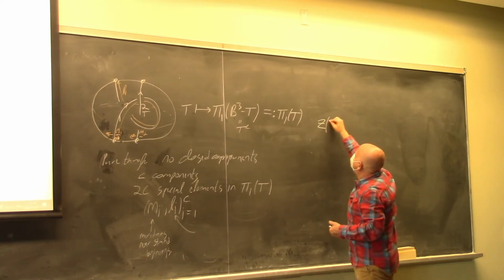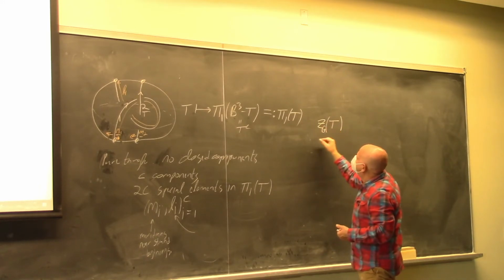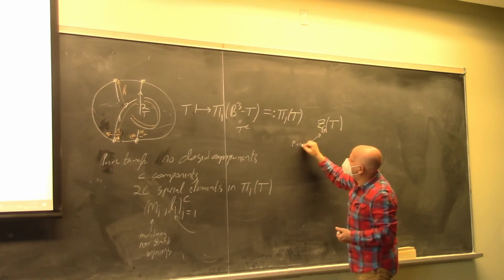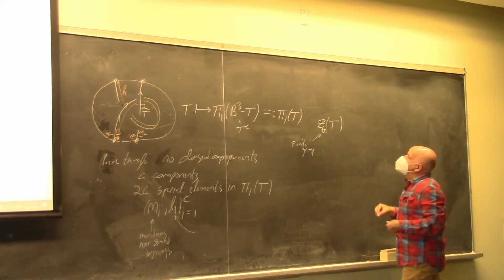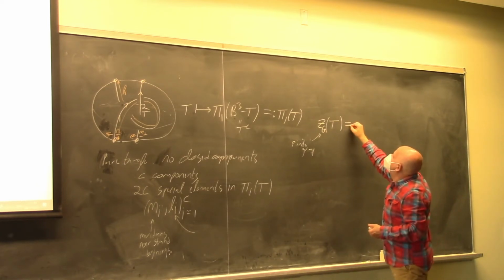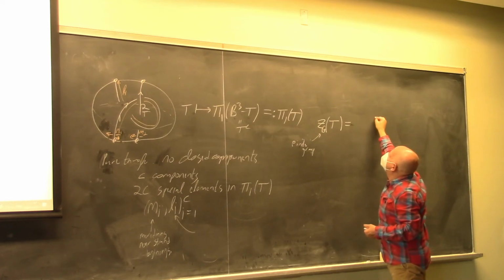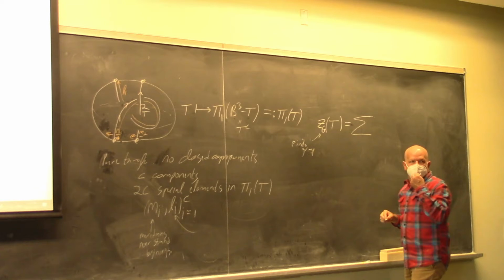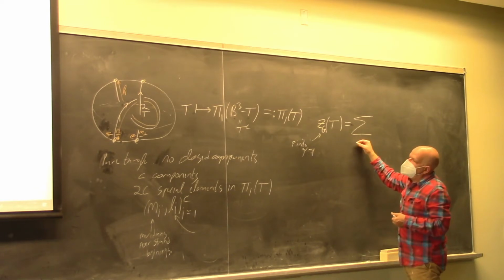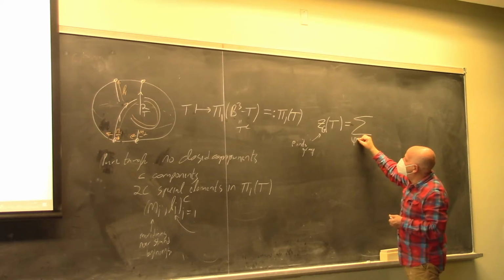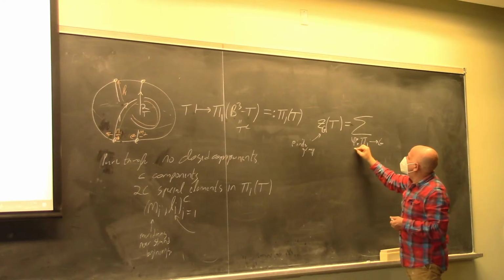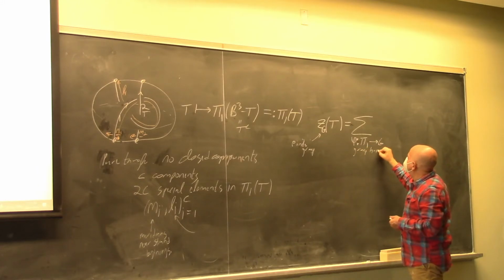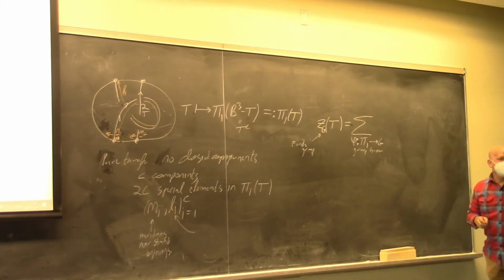So Z of t, or maybe Z sub G of t, because it depends on a finite group G. So Z sub G of t will be the following: you will sum over all group homomorphisms from pi 1 to G. I'll just write it down.